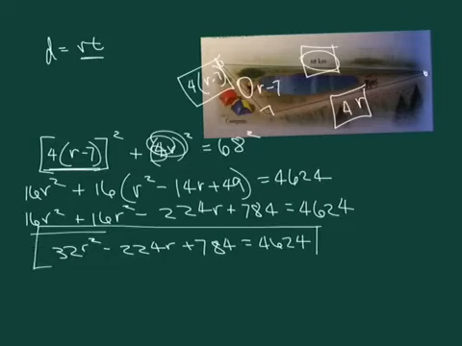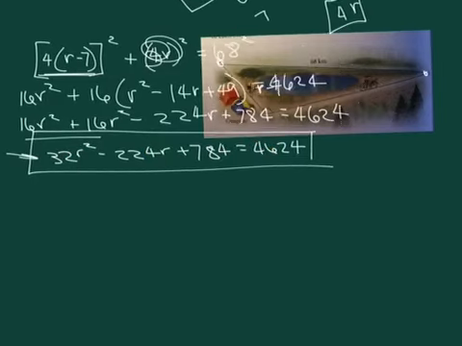So what are you going to do to solve for r here? You have a couple different ways. You can use quadratic formula. You can use completing the square. First thing I would do is see if I could get rid of this 32. See if each of these numbers here are a factor of 32. And I'm also going to move this over there.